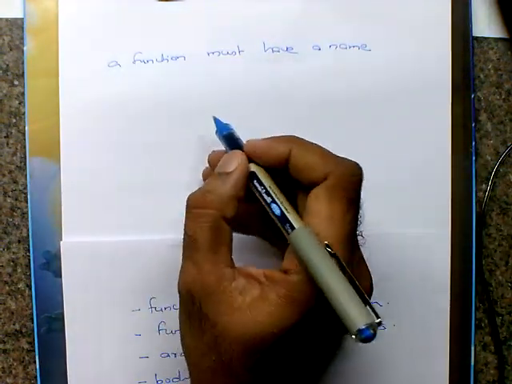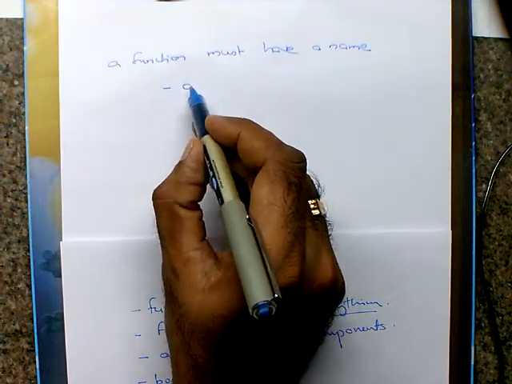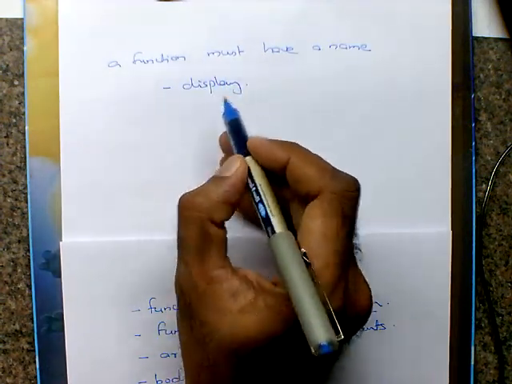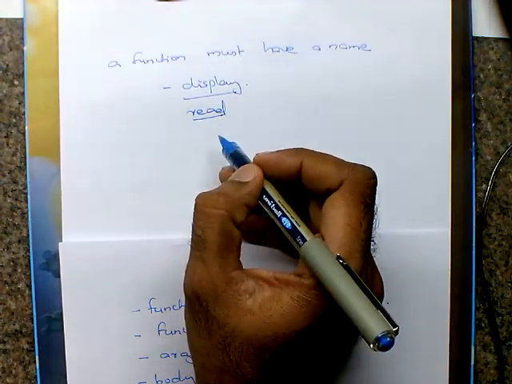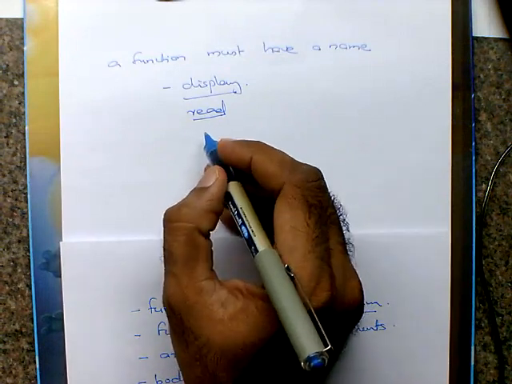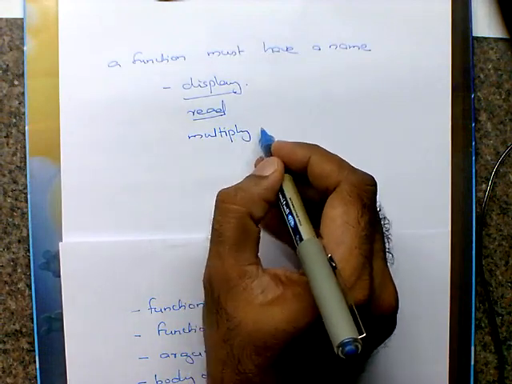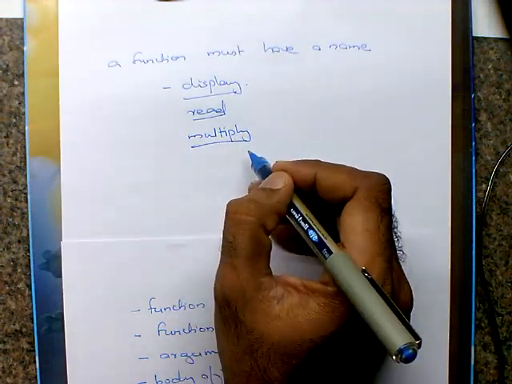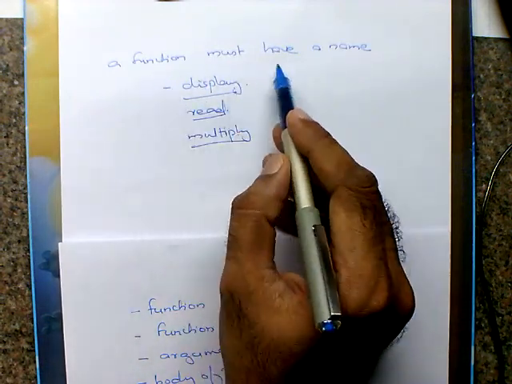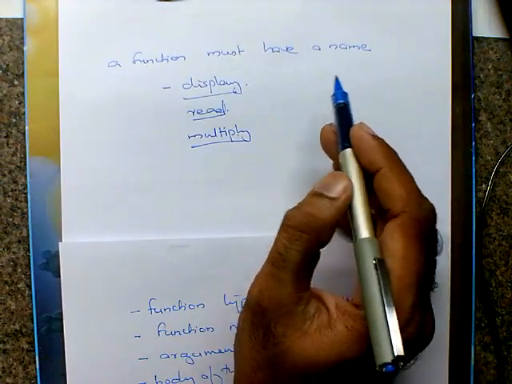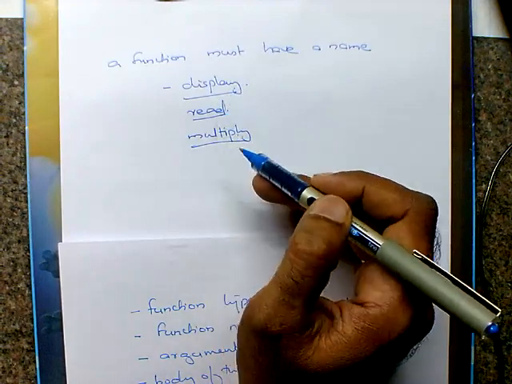For example, suppose you are going to write a value to the screen. You can name that function as display. Suppose you are going to read something from the keyboard. In that case, you can name that function as read. Sometimes you want to perform multiplication inside a function. You can name that function as multiply. All these are valid function names. So anyway, a function must have a name. It can be formed by using a group of characters like this.